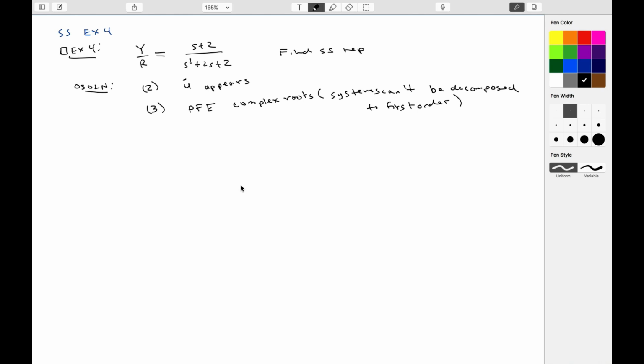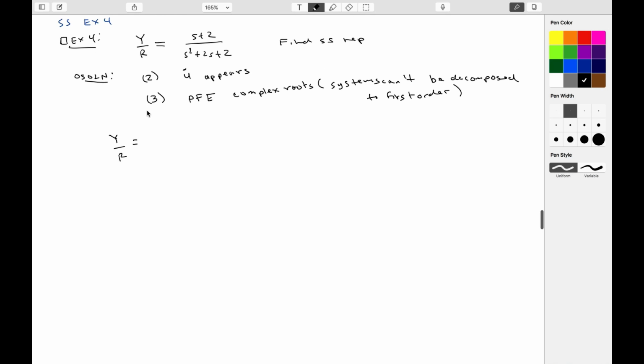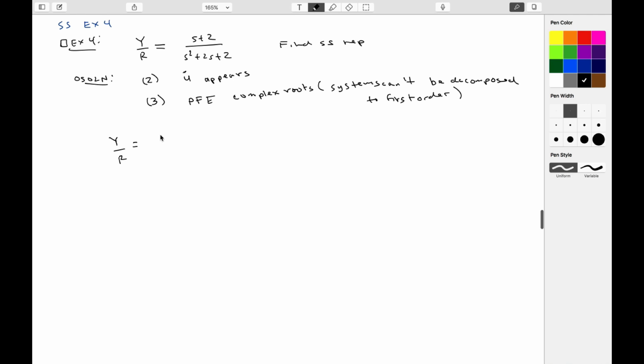Well, what we can do is break this down into smaller parts. We know that y over r is equal to s plus 2 over s squared plus 2s plus 2.